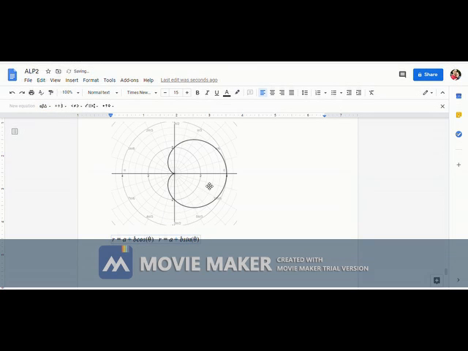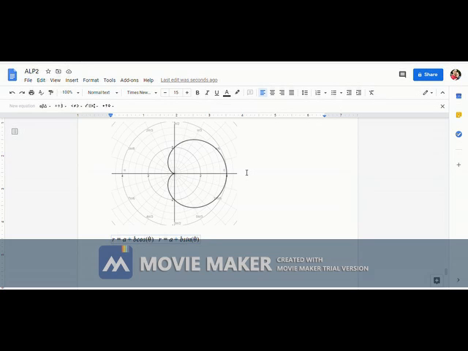And the way to tell the difference is graphs of cosine will come out to the right or to the left, and graphs of sine will either come out up or down. And that all depends on if it's positive or if it's negative.